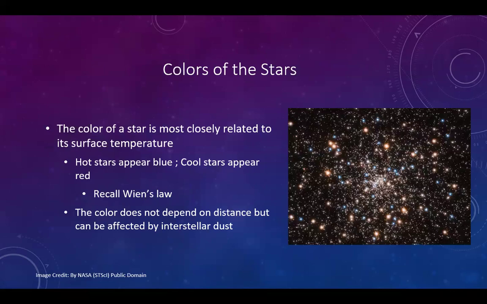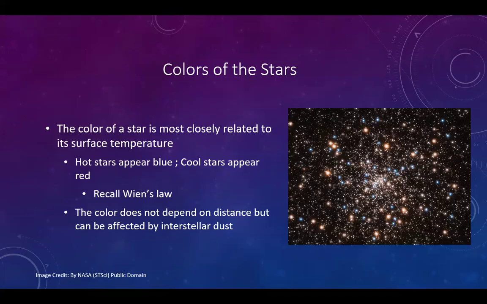Now, one of the interesting things is that the color of a star is most closely related to its surface temperature. So hot stars appear blue, cool stars appear red. This is Wien's law. And the color doesn't depend on the distance, but it can be affected by stuff in between you and the star, interstellar dust.